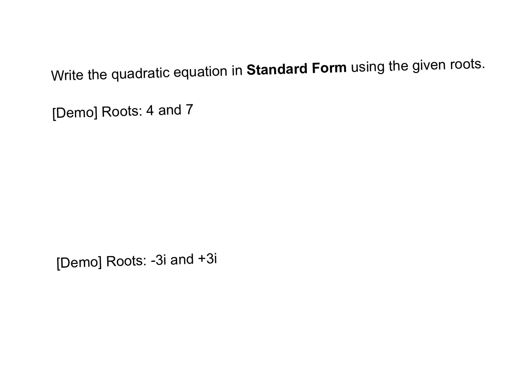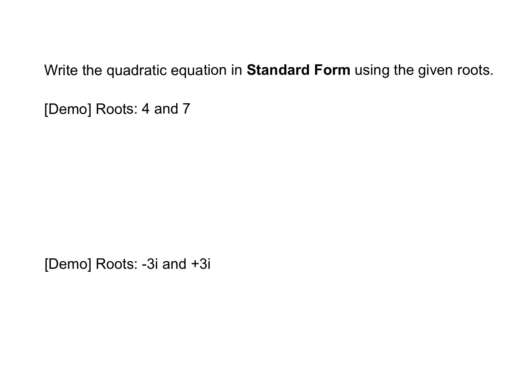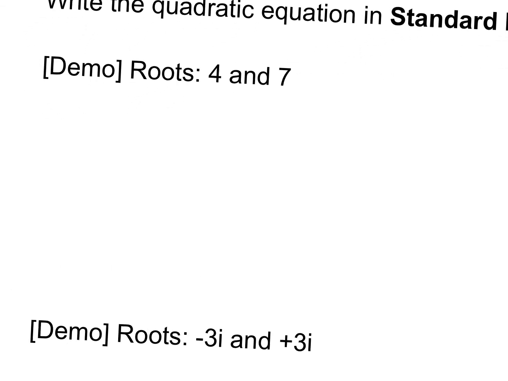Alrighty folks, this is your demo for today's assignment, taking known roots and forming a standard form equation from those roots. To do this, we're going to use our roots form equation.